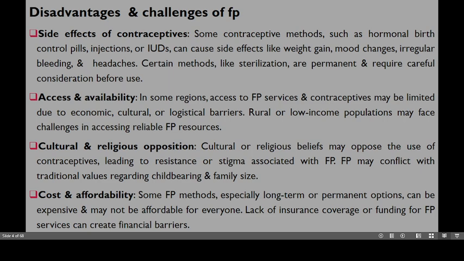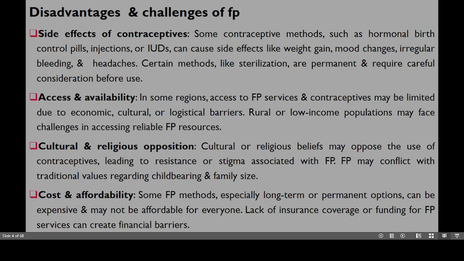In some regions, you find that access to family planning methods and contraceptives may be limited, and this could be due to economic factors, cultural factors, or even logistical barriers. So, you find that rural and low-income population may face challenges in accessing these reliable FP methods and resources.